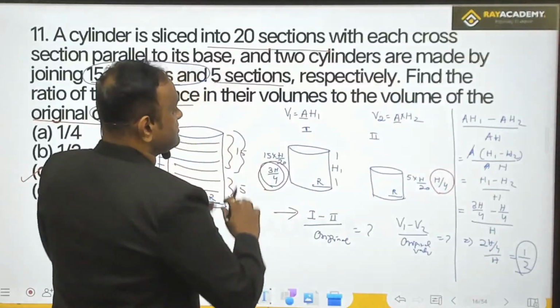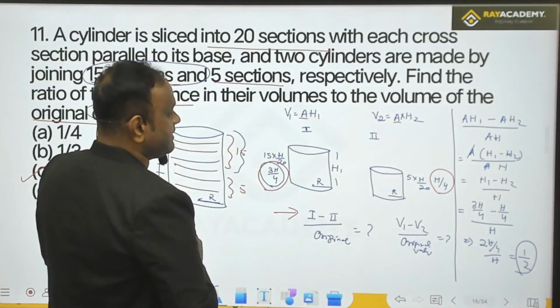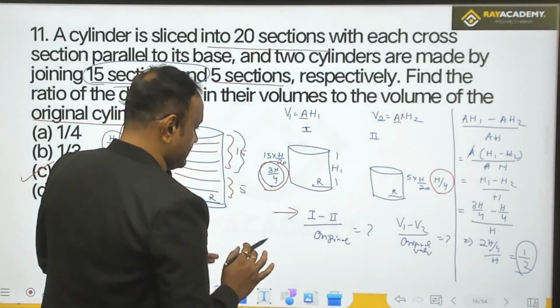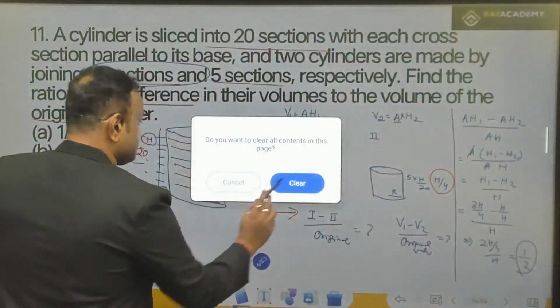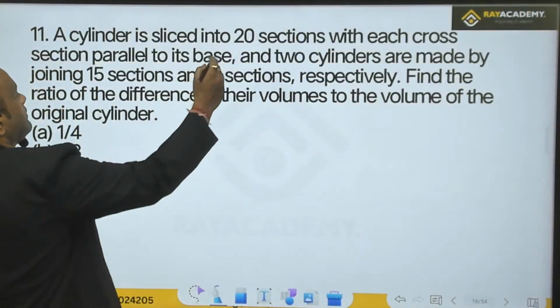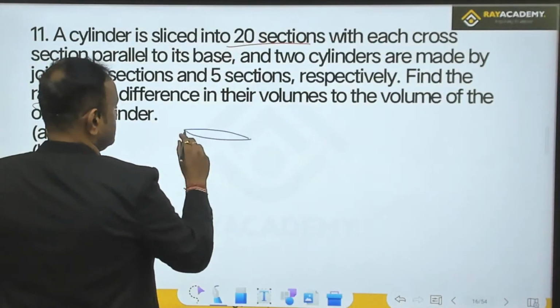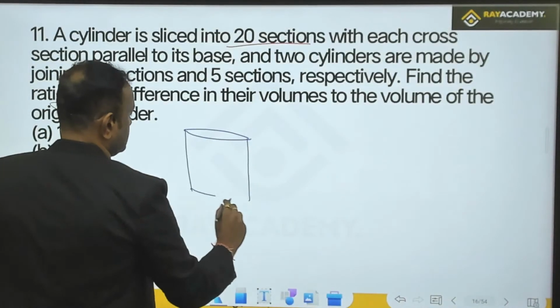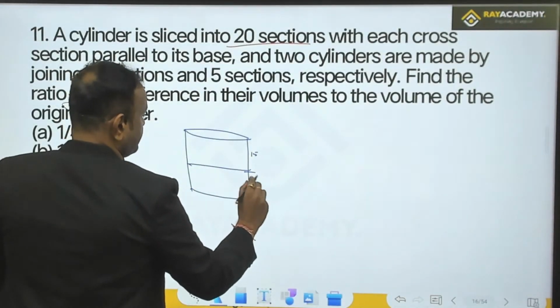But this is all about using the formula. We can also solve this question very easily using the ratio and proportion method. Let's see how. So this is 20 sections, and this is 15 sections, this is 5 sections.